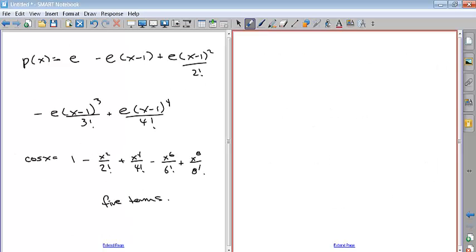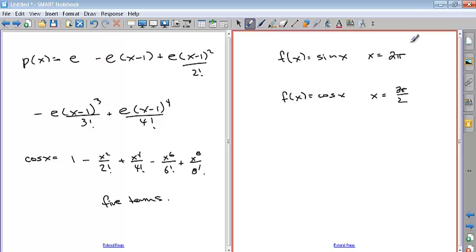So, what kind of thing might I give you? Well, I might give you the function is the sine of x, and x is 2 pi. Or I might give you f of x equals the cosine of x, and x equals 3 pi over 2. It'll be one of these multiples of pi over 2.